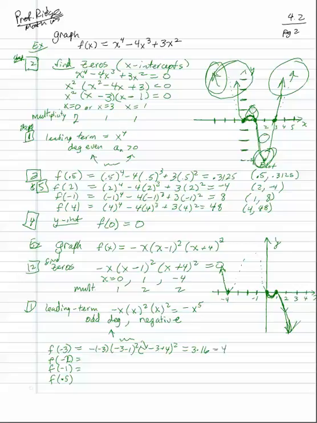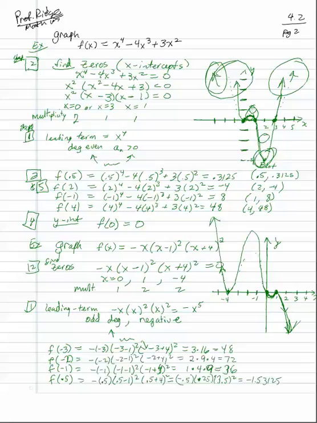So that's 48. So it goes way up real quick. So again, I'm not going to scale this. It's going to go up real fast, go way up there, come down, and that's good enough for me. I'll go ahead and finish this out.